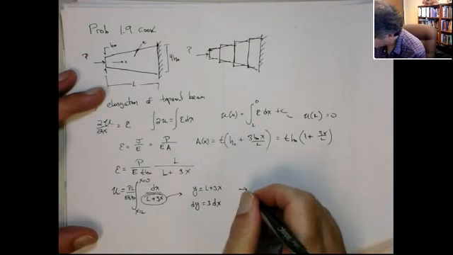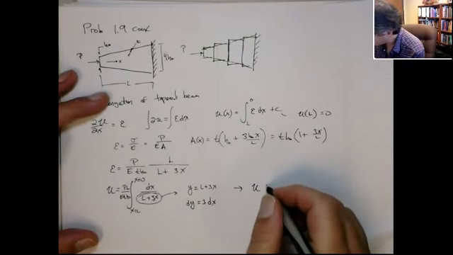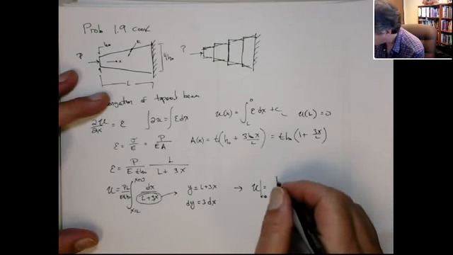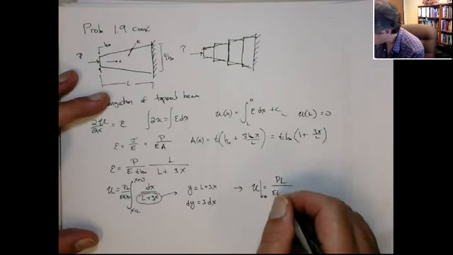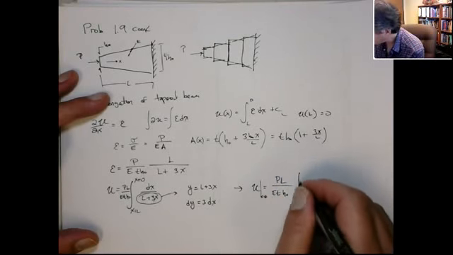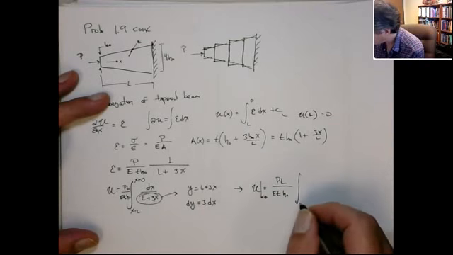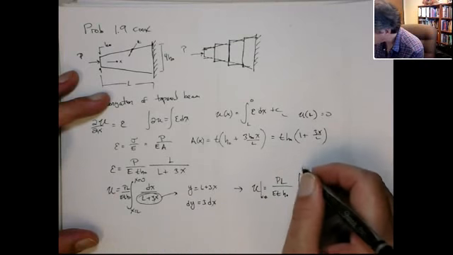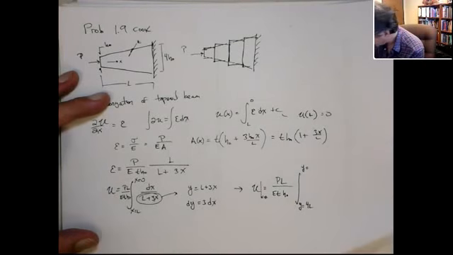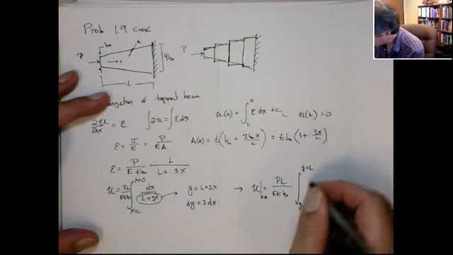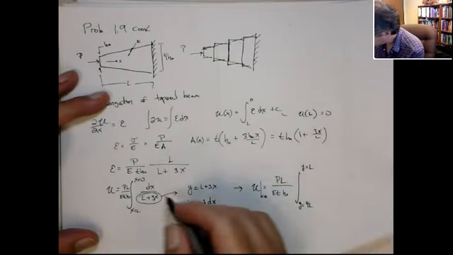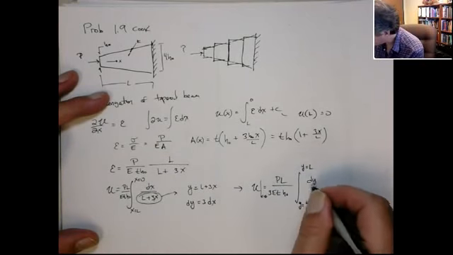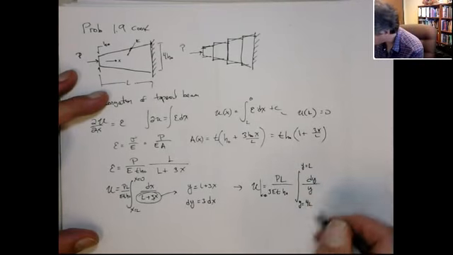So this then becomes the elongation, at x equal to 0, is P times L on E t h0, the integral from y equal 4L to y equal L of, dx is 1/3 dy, so I can put a 3 down here, dy over y.